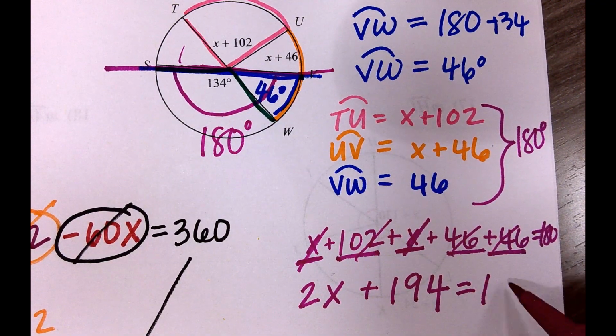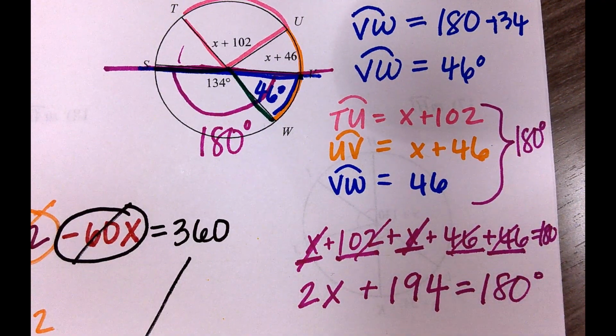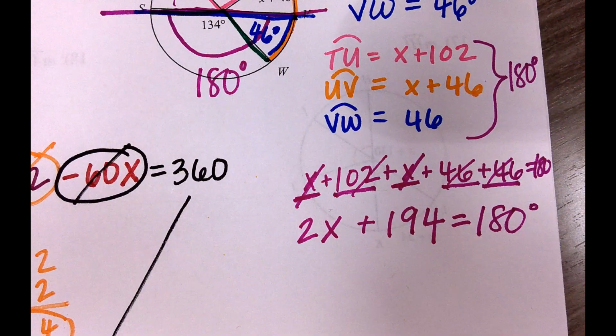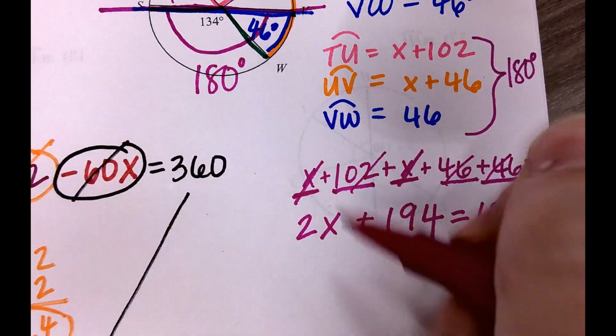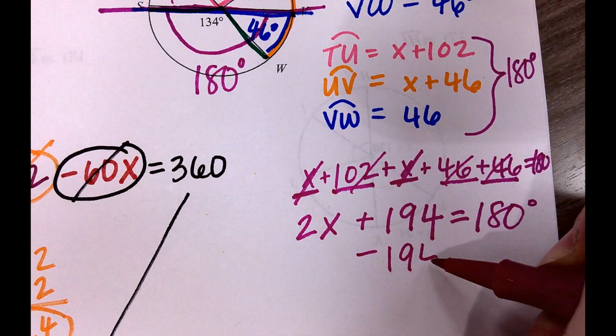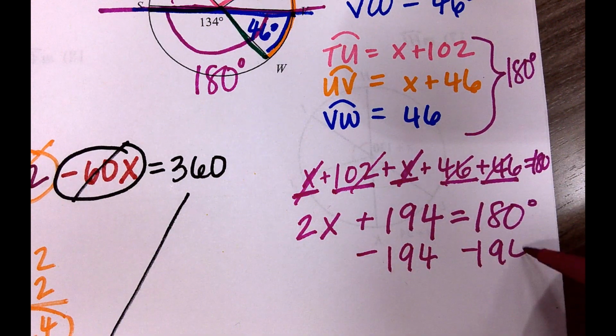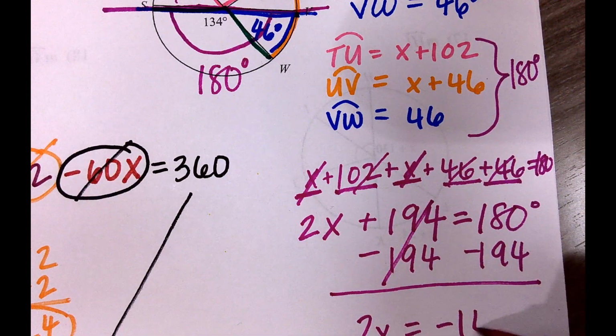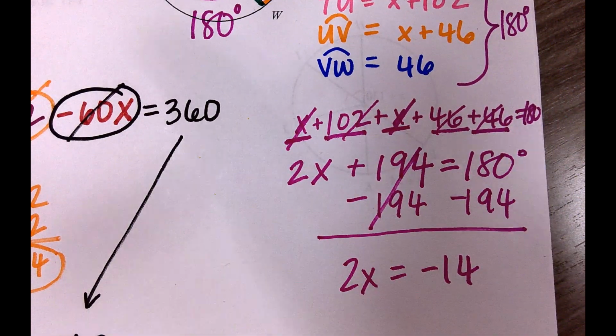And I'll just bring down equals 180. And we're almost there. Subtract 194. Subtract 194. 2x equals negative 14. Divided by 2.